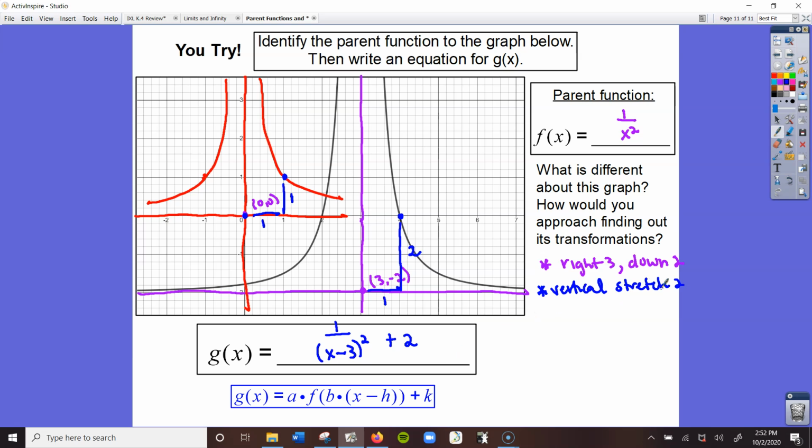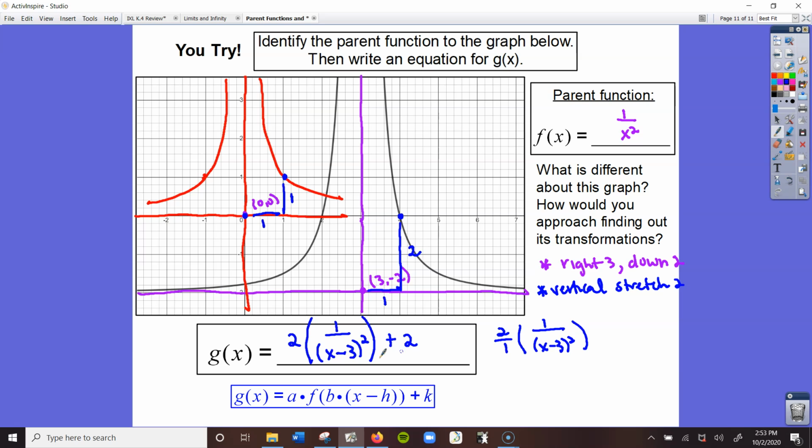And then there was a vertical stretch of 2, which means that you multiply your function by 2. So I'm just going to put a larger parentheses around my function, and then I'll put 2 on the outside. You can leave your answer like this, but at the same time, if you multiply 2 to this fraction, when you're multiplying fractions, remember you multiply numerator with numerator, denominator with denominator.